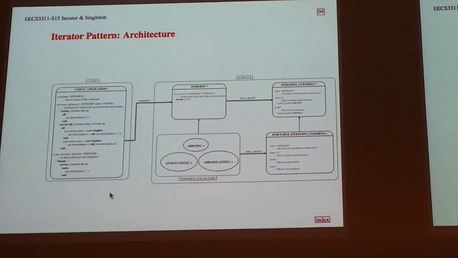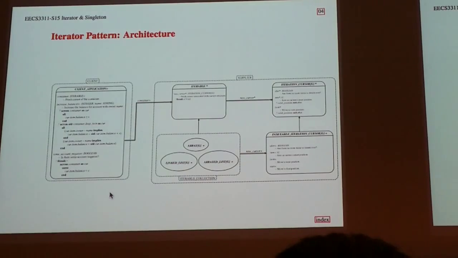Now you can see that iterable is a deferred class. If you inherit from it, that means you have to define the feature called new cursor. The new cursor is of type iteration cursor. That's why you see a client-supplier relationship here. In the deferred class, you can see that this top level here is all deferred. That means that's where you have to inherit your own classes from.